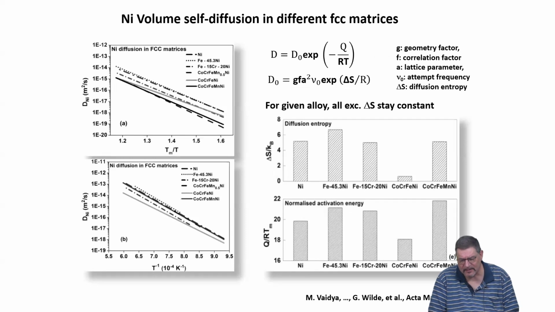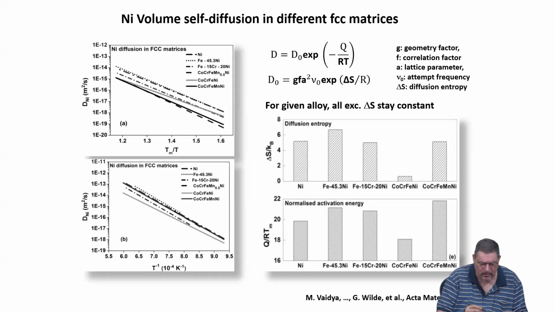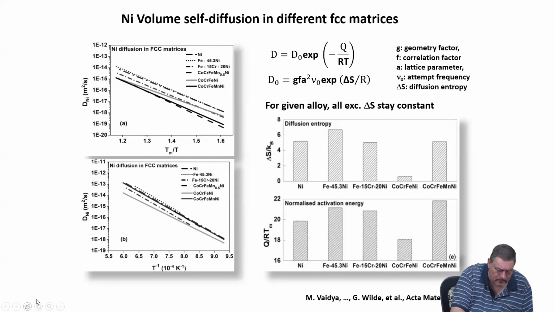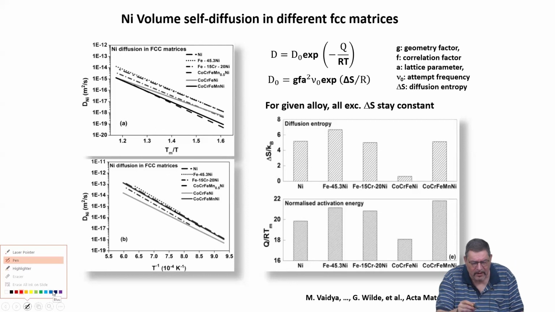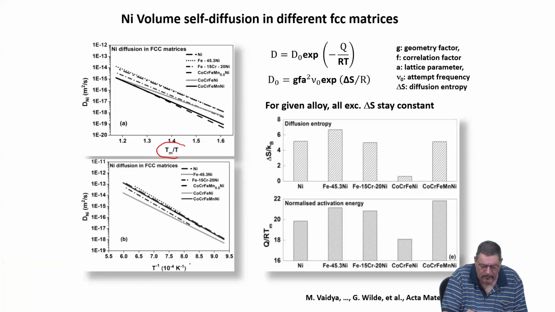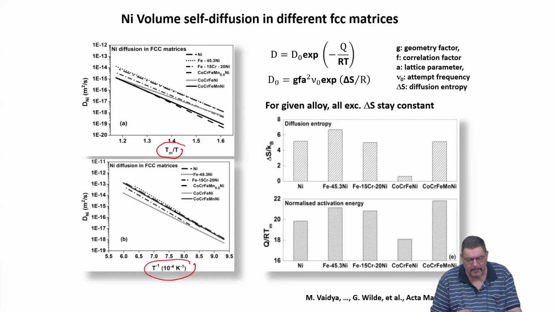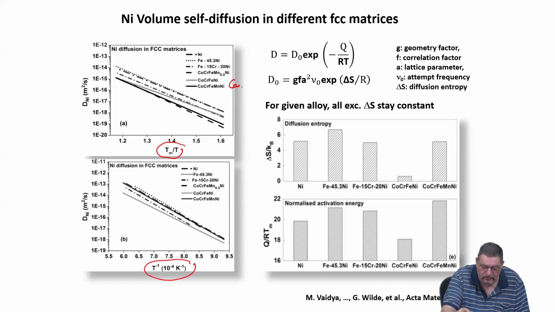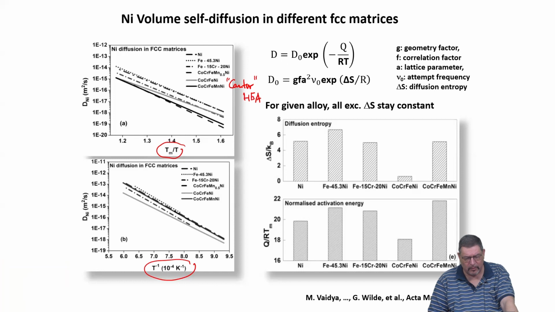We got this. So basically what we see here again is what we saw in the last lecture. We plot the obtained diffusivities for the Cantor system. This is the 5-component cobalt, chromium, iron, manganese, nickel alloy.